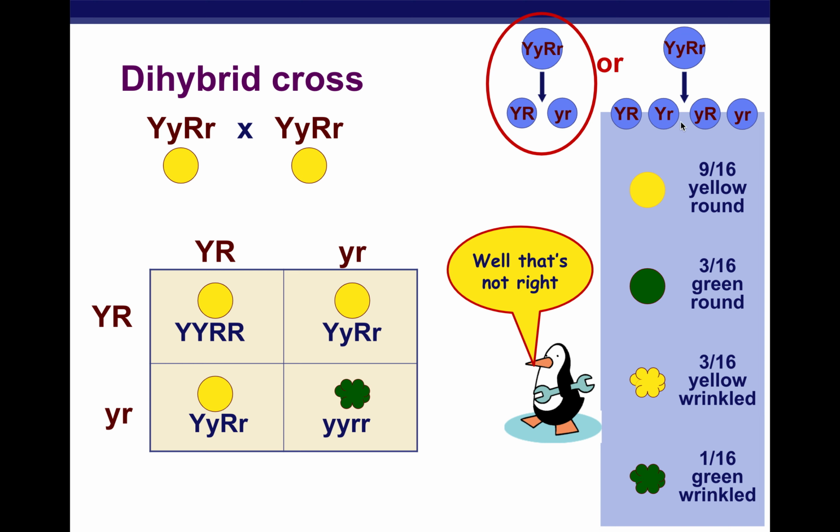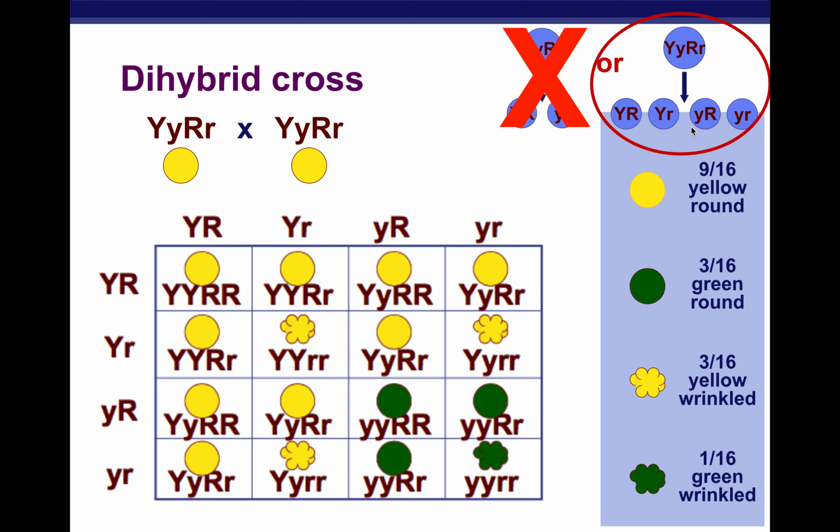So then he tried it where it doesn't matter which allele came from which parent. That doesn't affect whether you get the round or wrinkled or the yellow or green. And when he did that cross, where it didn't matter which color and shape allele you ended up with, he found that he got the appropriate ratios.